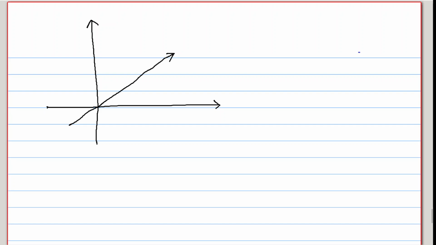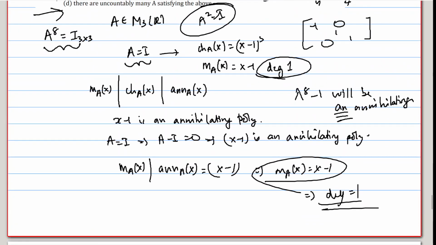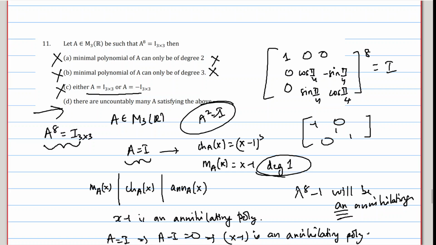You took one example, like the rotation matrix. In place of theta, pi by 4 is there. What I'm saying is that even if you do that, the values of cos and sine will be finite.